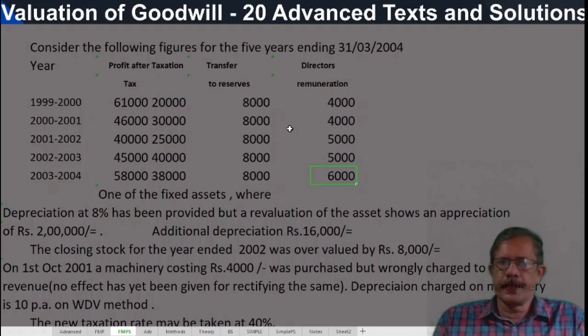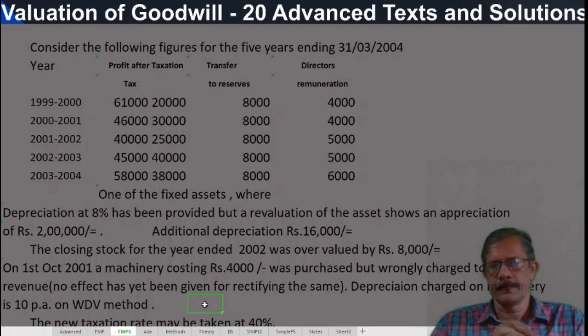It is to be assumed that last year's director's remuneration is to be provided for the subsequent years, if nothing is mentioned. But if an additional information says director's remuneration is to be provided at 8,000 rupees per annum, then what can we do?